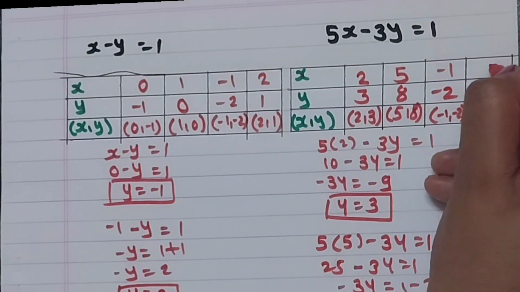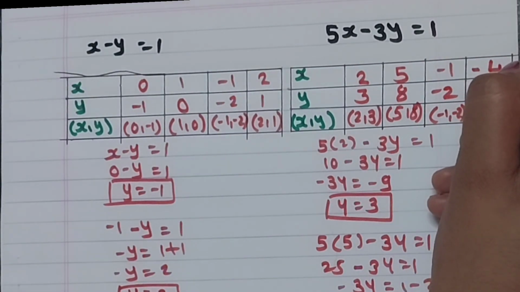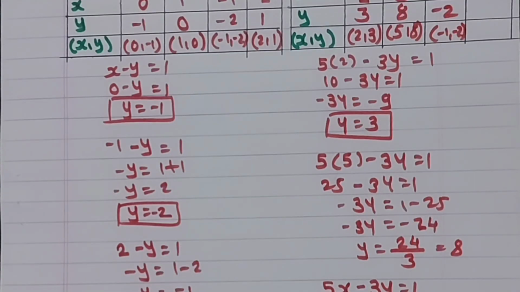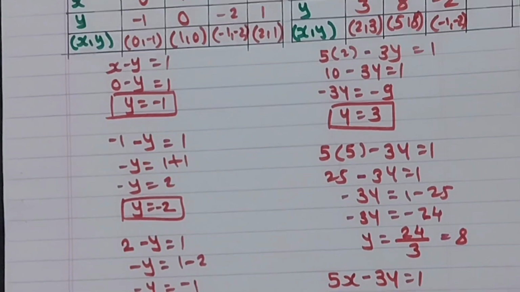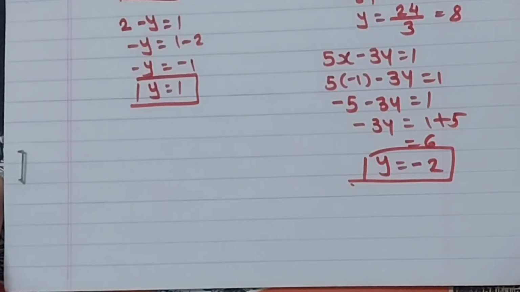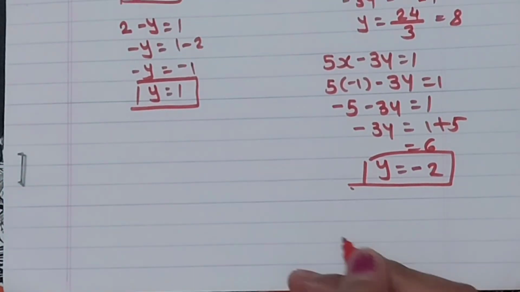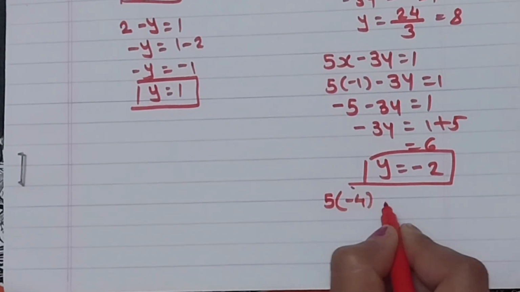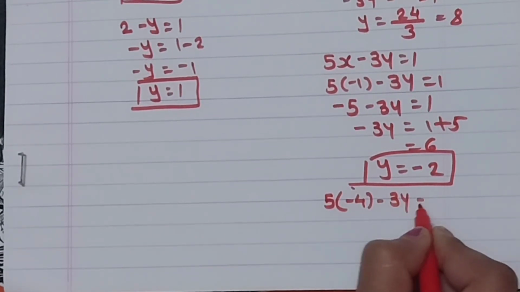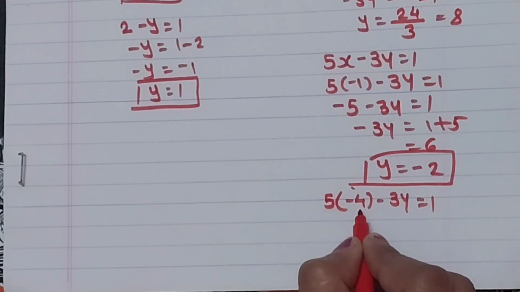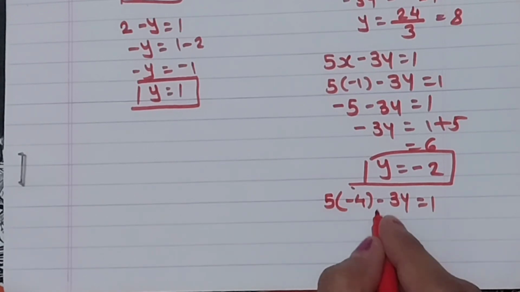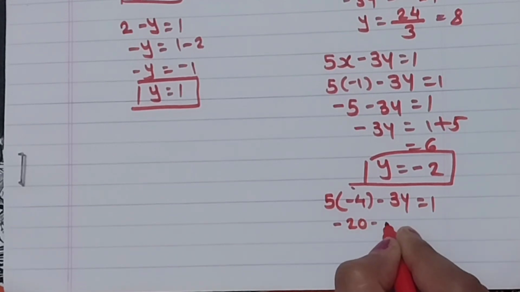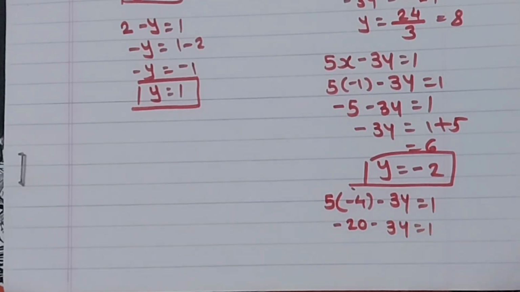And the last one is, if we put x is equal to minus 4, we get 5 into minus 4 minus 3y is equal to 1. 5 times 4 is 20, so minus 20 minus 3y is equal to 1.